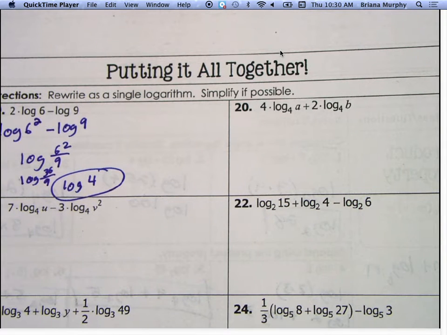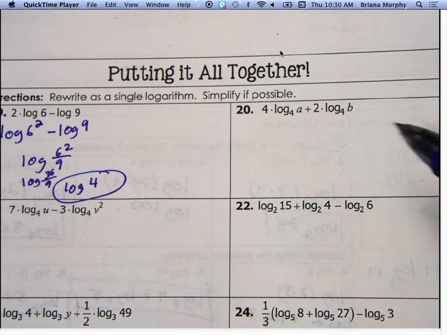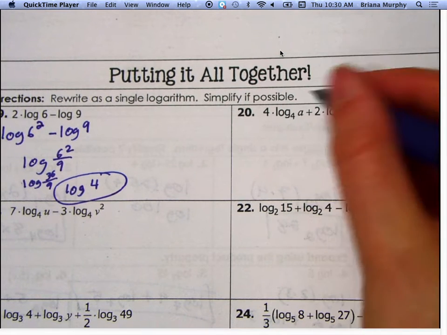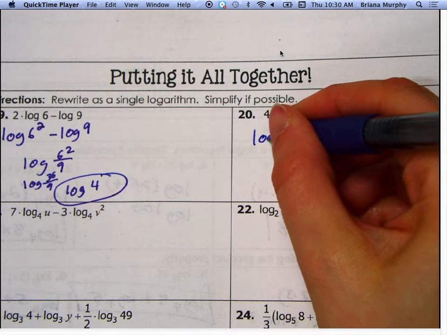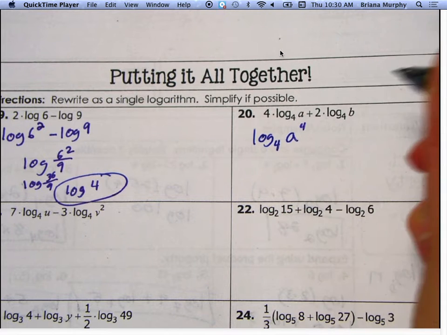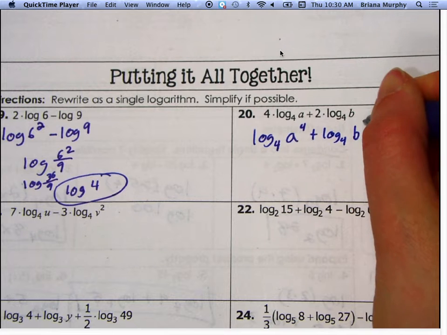What is 6 log base 4? So you want to know what the answer is for number 20, or what are you asking? Would you do 6 log base 4? No, you can't add them together. That's a really great question. We have to do the power property first. So we get log base 4, a to the 4th, plus log base 4, b squared.